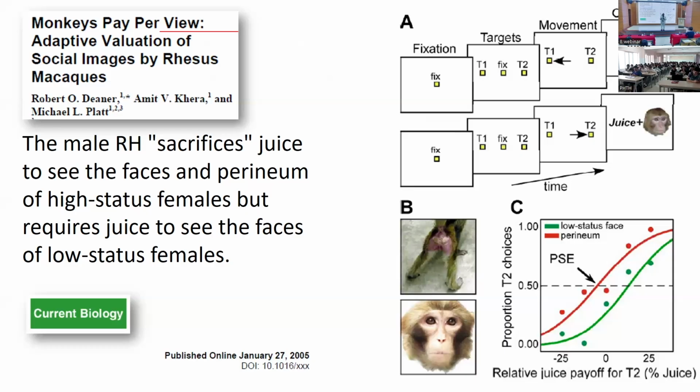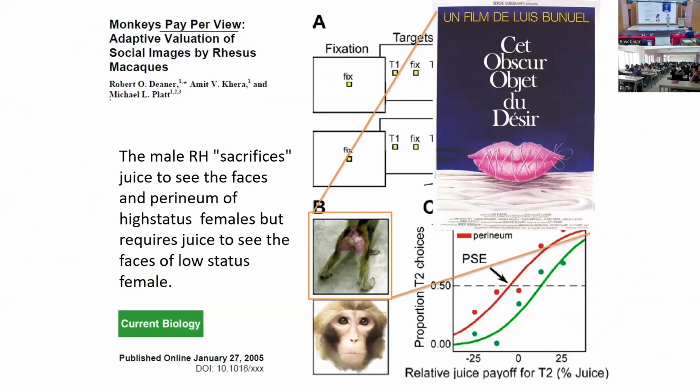So the experiment was that one. Basically, they showed the males the genitals of a female in estrus during the excitation phase.